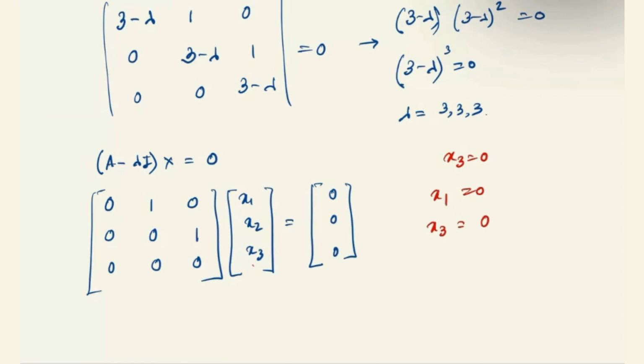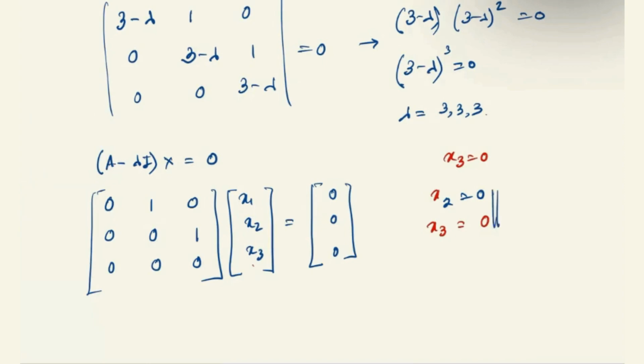So from here, x3 is 0, it's fine. If you just multiply this matrix, x1 into 0, x2 into 1, and x3 equals 0, and x1 equals 0, x2 equals 0, x3 equals 1, so x2 equals 0 and x3 equals 0.